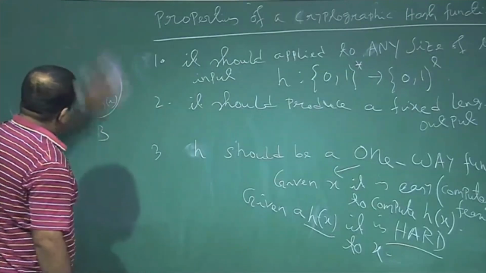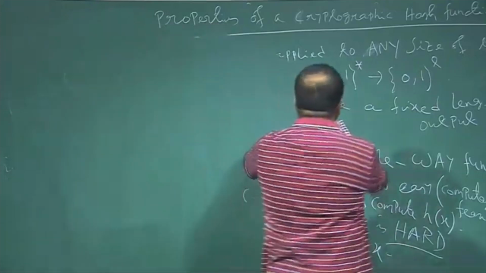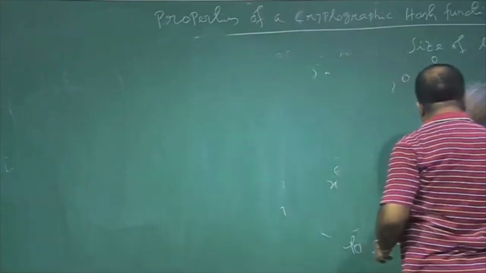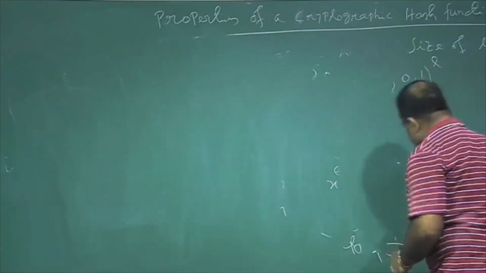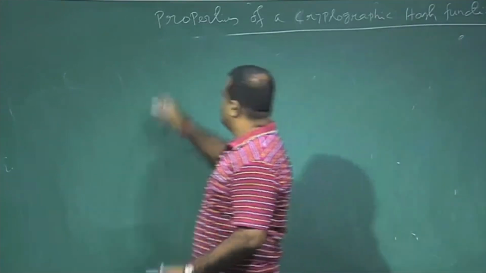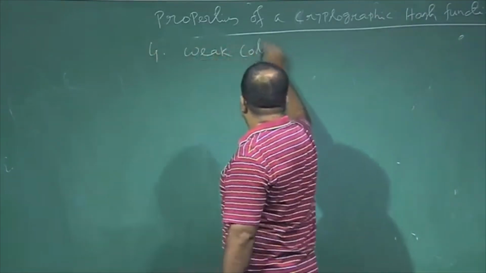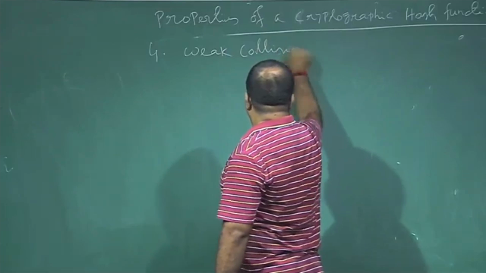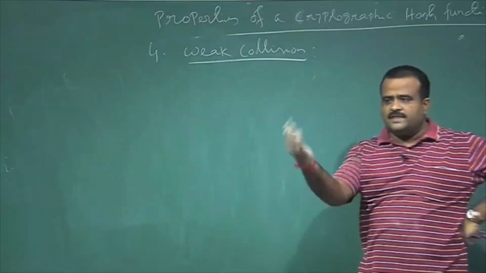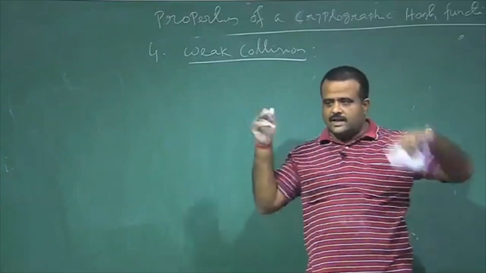And the next property is called the weak collision property. That is number 4, weak collision. It is telling that given x, we need to find a y such that they are colliding.